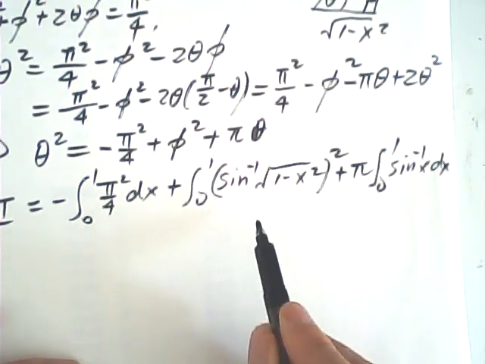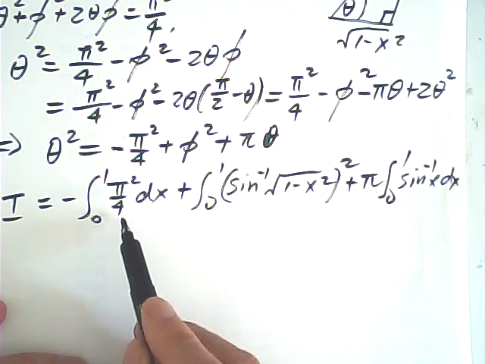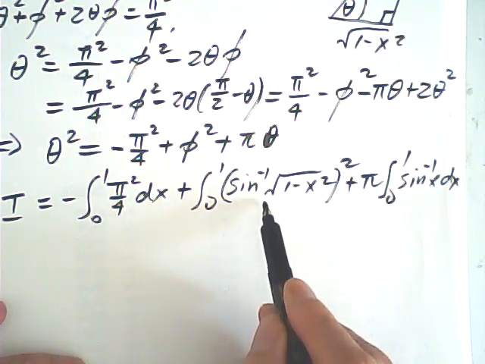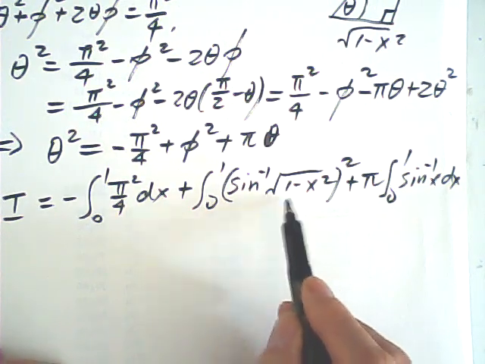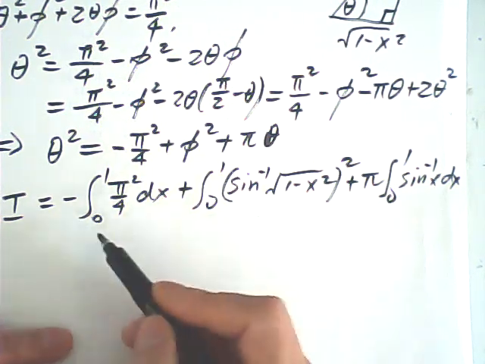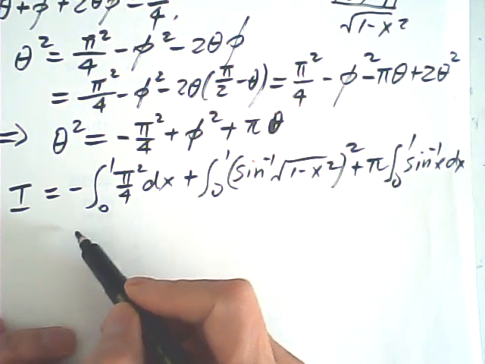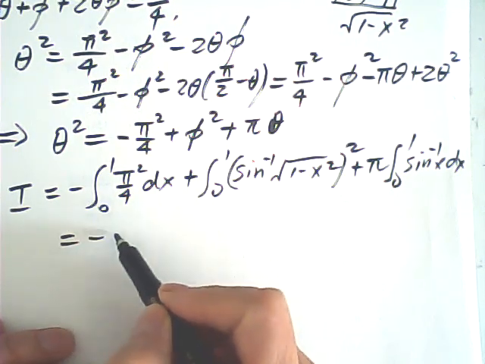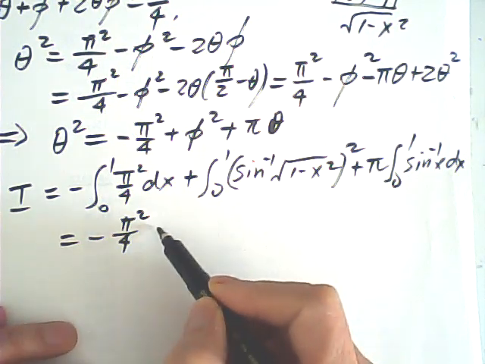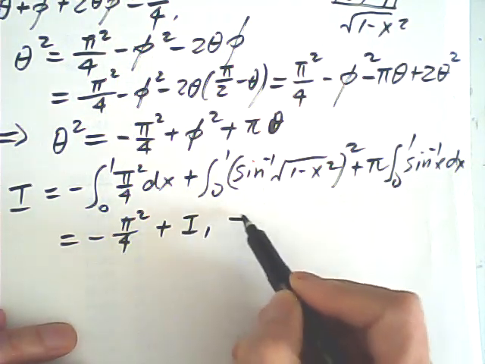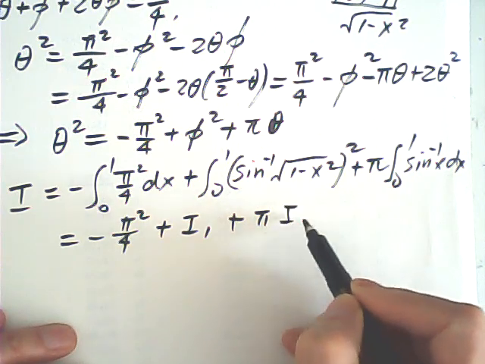Now let me do them separately, one by one. I don't skip. Okay, this is equal to negative quarter pi squared plus I1 plus pi I2.